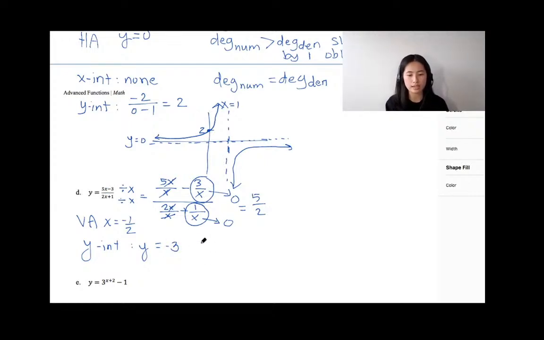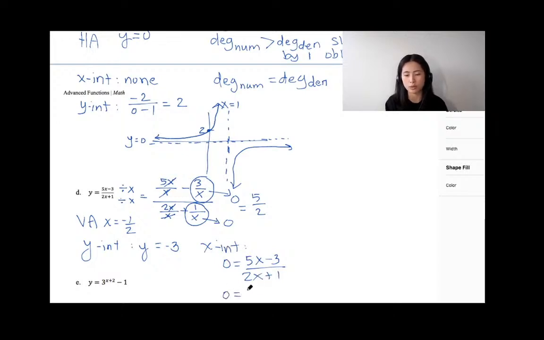And then your x-intercept, maybe we can write that here. That means you need to have y equal to 0, right? So you're going to solve for x. So 0 is equal to 5x minus 3 over 2x plus 1. Okay, as you can see, when you cross multiply, 0 times 2x plus 1 is 0.